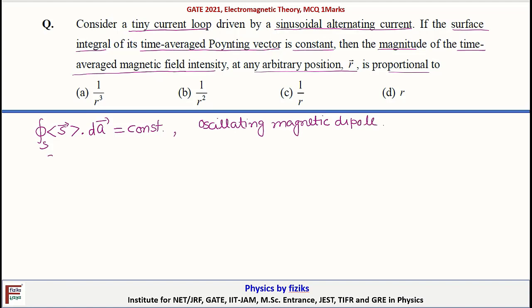We know that the Poynting vector S is given by E cross H, where H is the magnetic field intensity, and E and H are related. So for its time average S, we have to find the time average of E cross H.